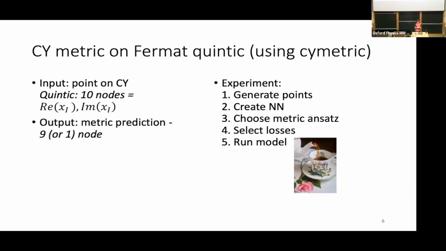But the way that the code is written, we actually input these 10 values instead. And the information about the Calabi-Yau hypersurface is encoded because, as I described in the last lecture, the points that we have are constructed in such a way that we encode this information.